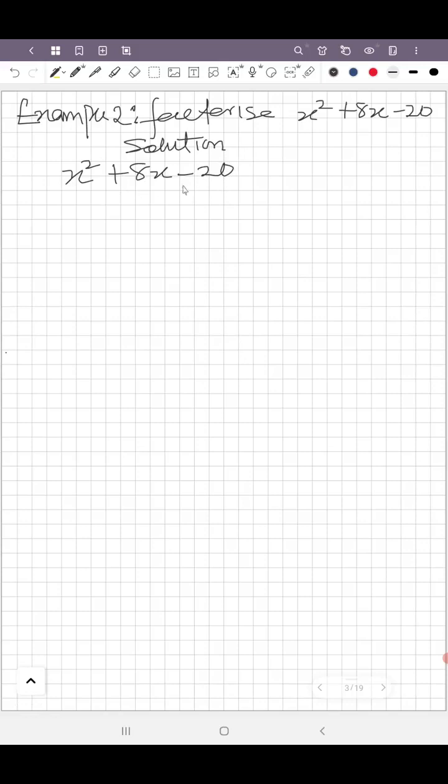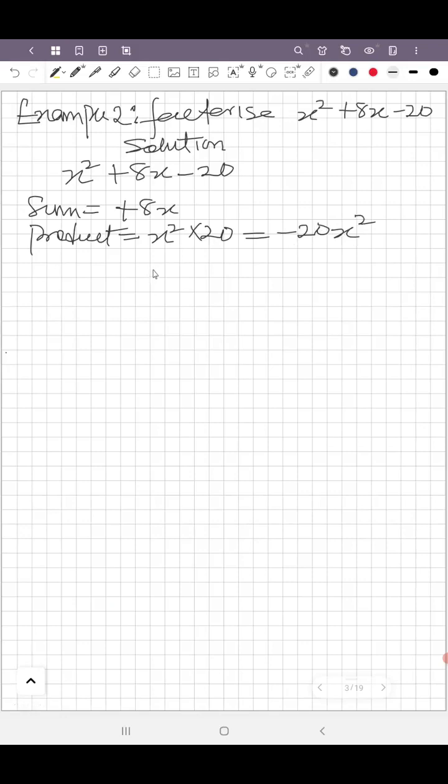I'm able to let you know that we have used one method. Now, the second method is: we categorize the sum of the factors to be plus 8x and the product of the factors to be x squared times minus 20, which is equal to minus 20x squared.